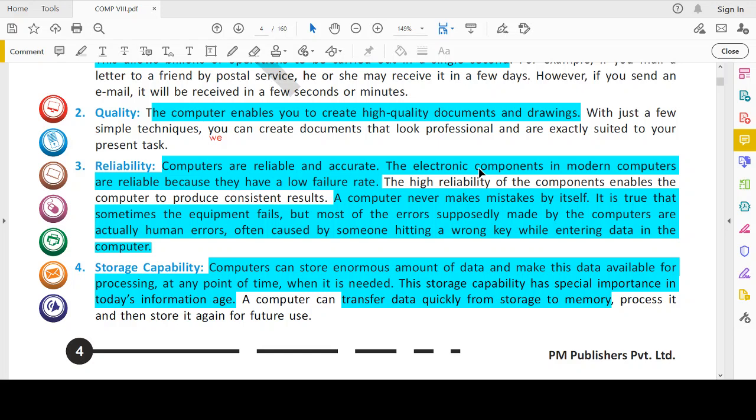It will not give you anything else. So you can rely on the results generated by the computer. So it has got speed, it has got quality, capability to create quality documents, and it is reliable.